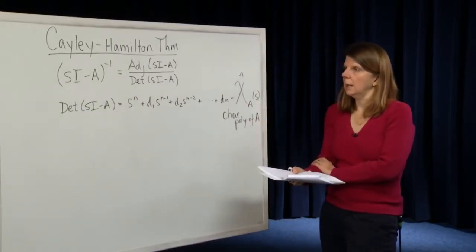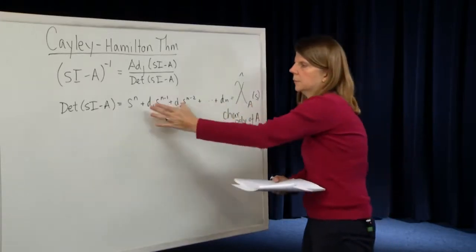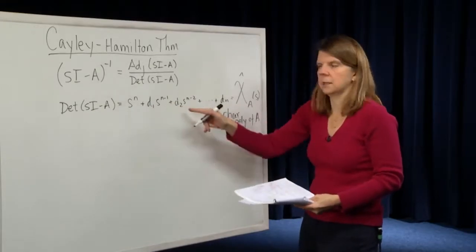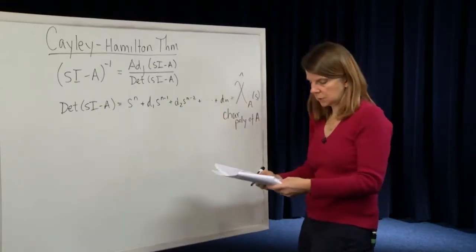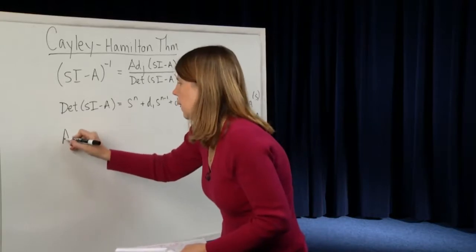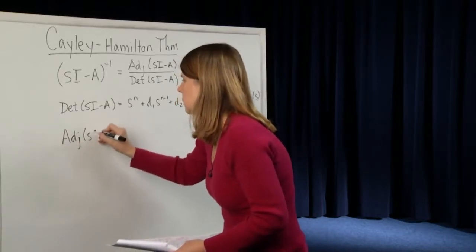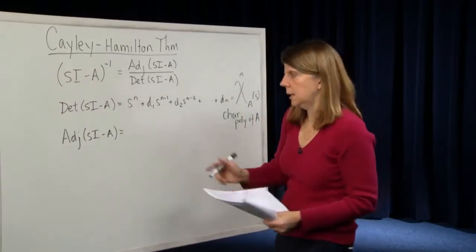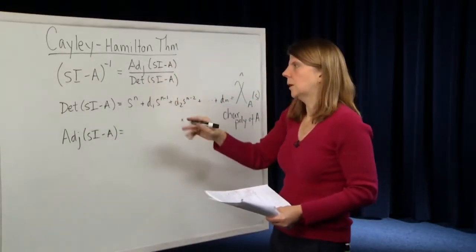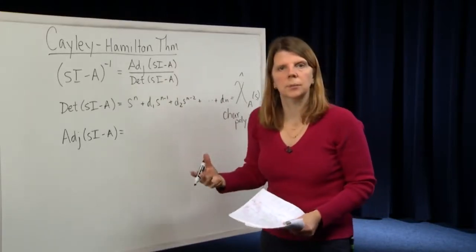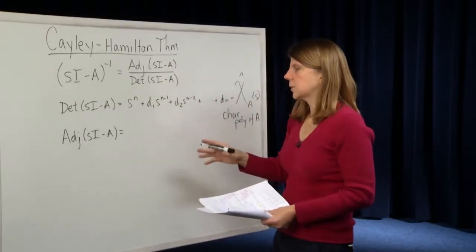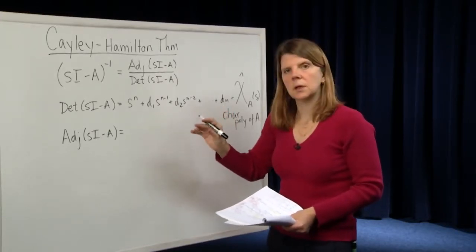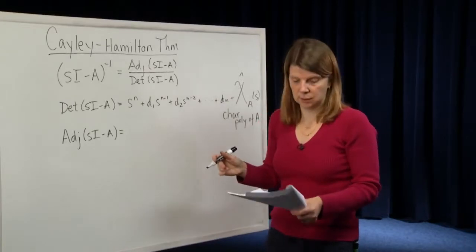The determinant is a scalar polynomial; these di's are scalars. The adjugate, on the other hand, is a matrix, and I don't really care at this point what it looks like, but I'm going to represent it as a matrix. From our computation of the adjugate when computing inverses of matrices, it's going to be a matrix with terms of degree up to s to the n minus 1.